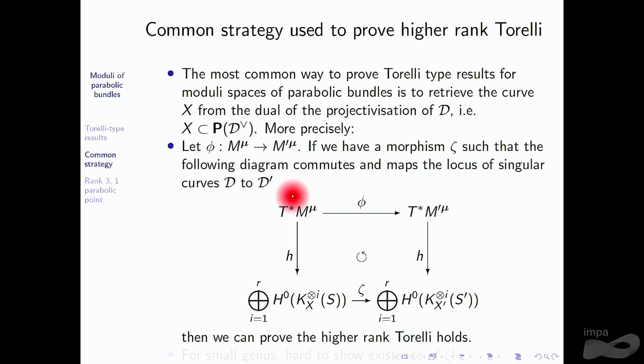So you can use that fact to actually show that there is going to be a morphism here, zeta, which maps the singular locus, that D here, to the D here. Okay? And then you want to say that, this is not easy to show, I'm giving you the fairy tale version, that if I take the dual of that D and its projectivization, I can actually get back the curve.